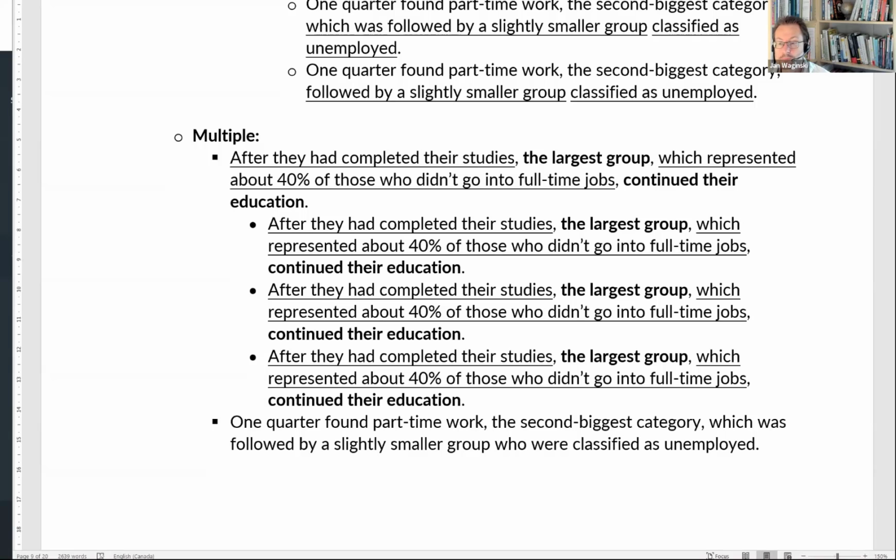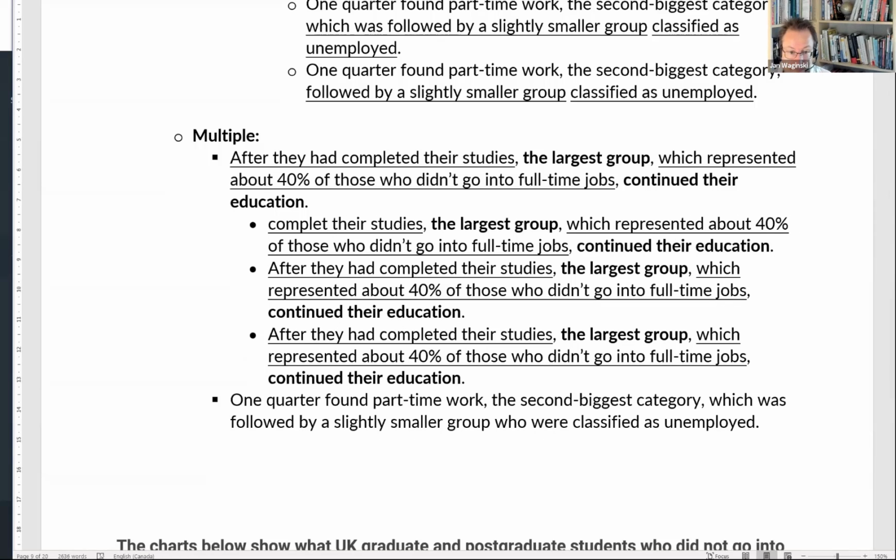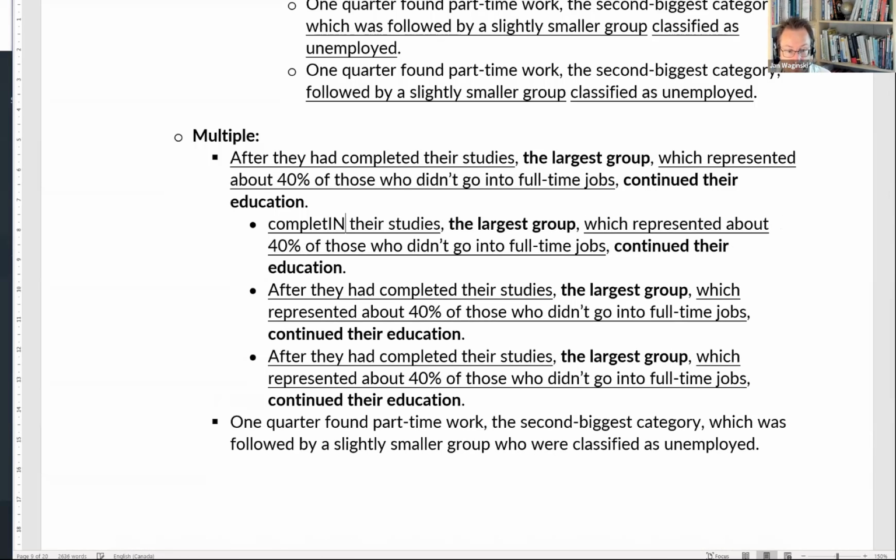Okay, Chamri. You changed this one to completed their studies. Now, is the verb active voice or passive voice? It's active. It should be completing. That's right. And in this case, if you delete after, the sentence loses sense. Okay. I would leave the after in.